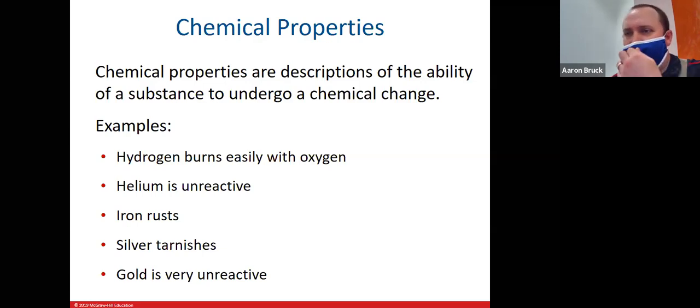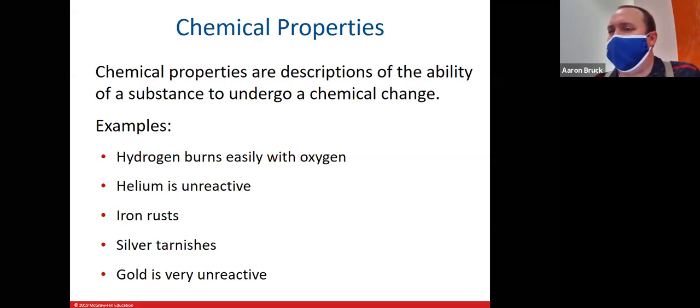And these can be positive or negative kinds of interactions. So for example, we can say in the affirmative that when hydrogen and oxygen come together, they react explosively to create water vapor. Hydrogen and oxygen easily burn in each other.